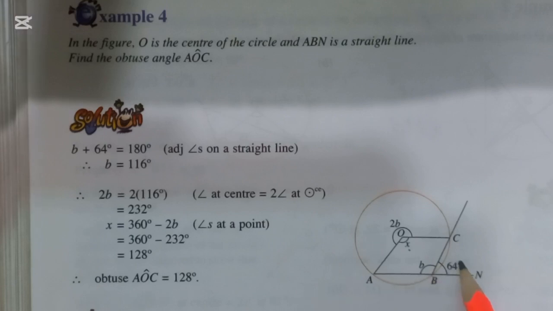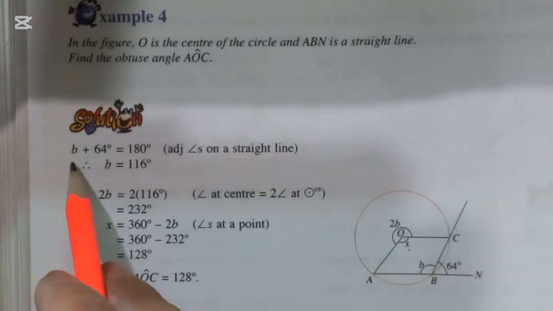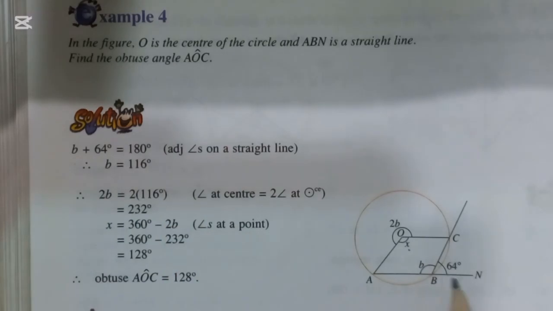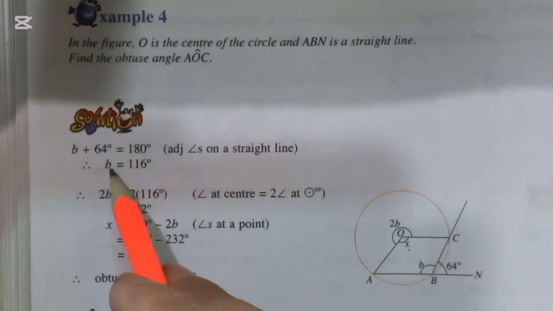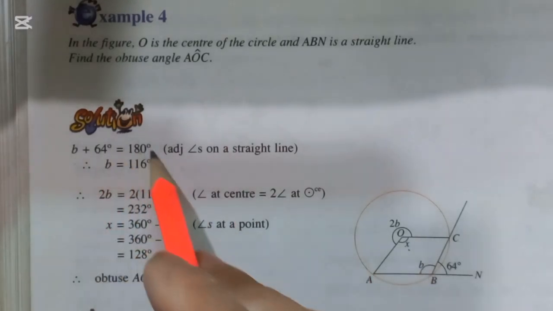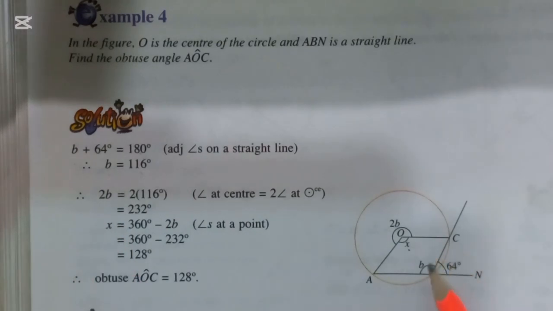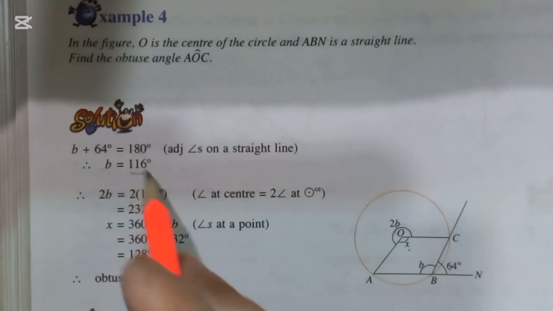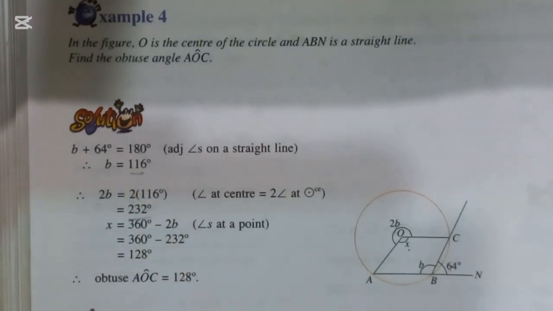So we will subtract 64 from 180. That will give us angle B. So B plus 64 will be equal to 180, and B will be equal to 180 minus 64, that is 116. So if this is B and this is 2B, then 2B will be equal to 2 times 116, that will make 232.